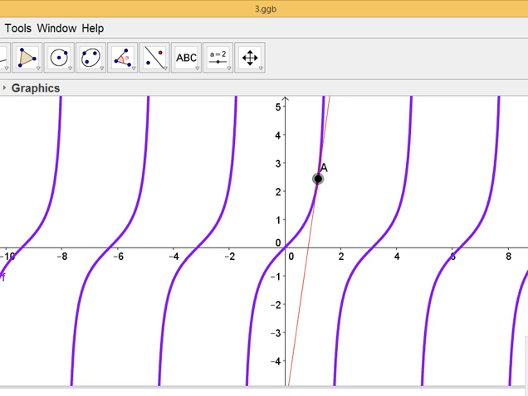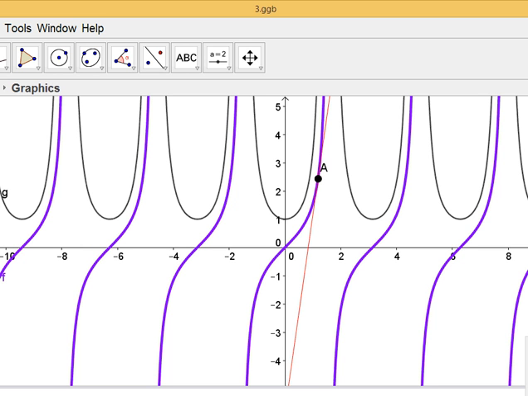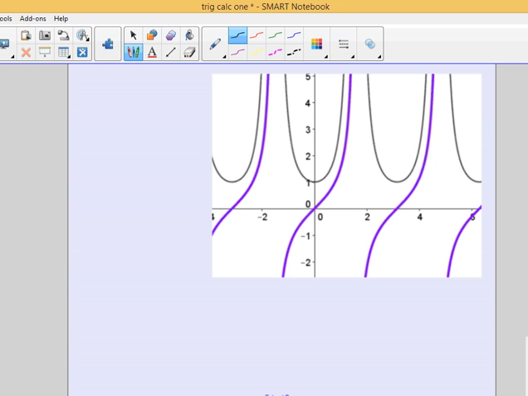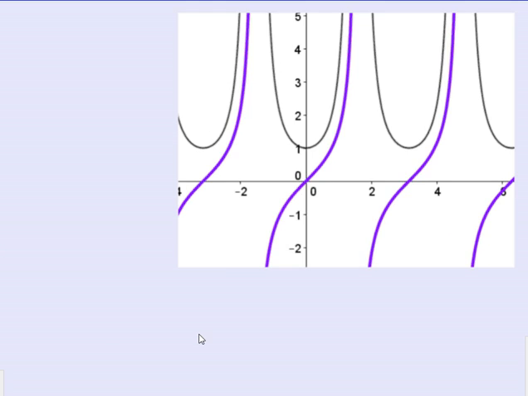With a bit of imagination, this is the shape of the gradient function. Now we're going to find the equation of that function. Okay, so that black function there is the gradient function. We want to know what's the equation of that.